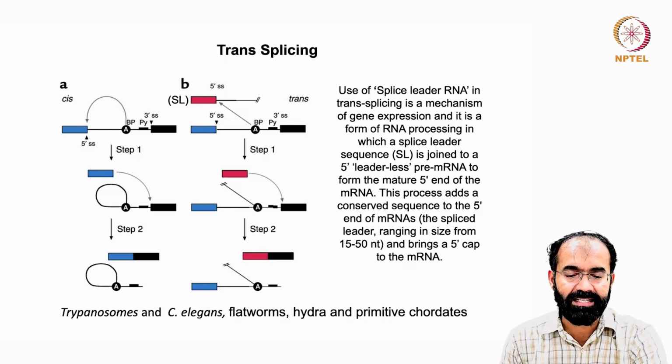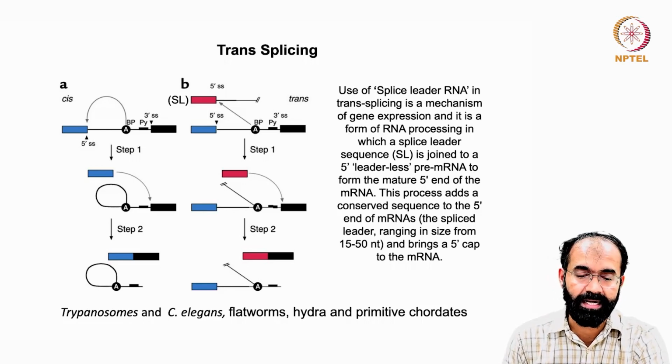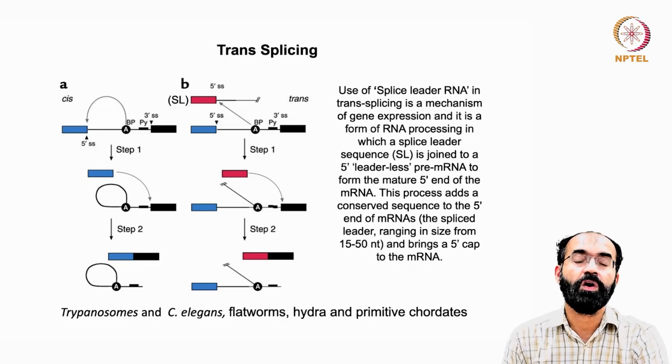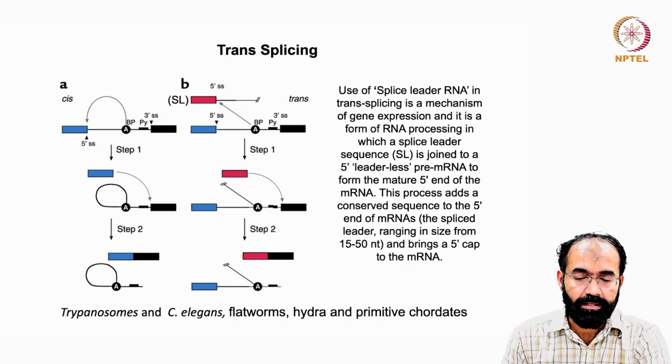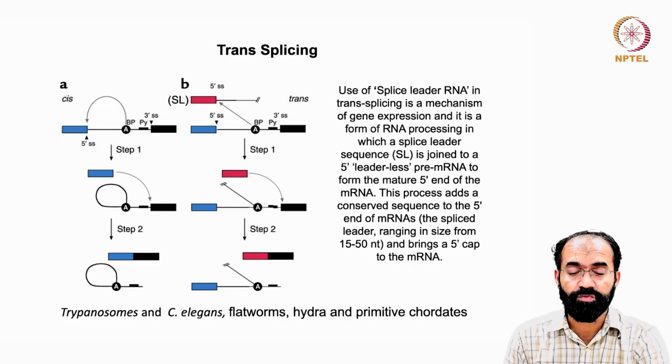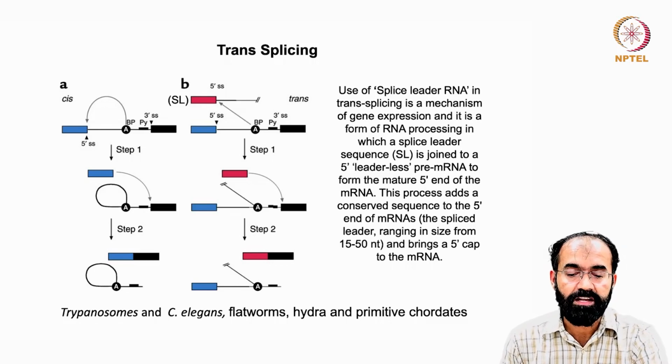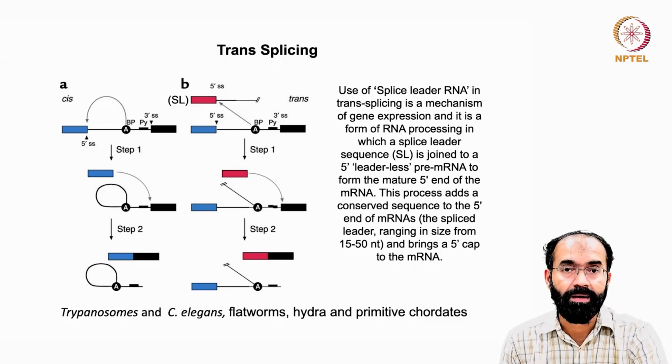This process adds a conserved sequence to the 5' end of the mRNA. This we call the spliced leader, and it can have a size ranging from around 15 to 50 nucleotides and brings the 5' cap to the mRNA.